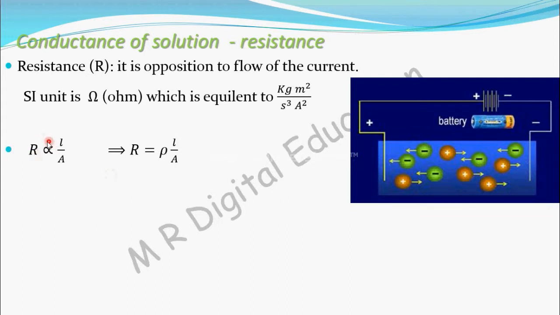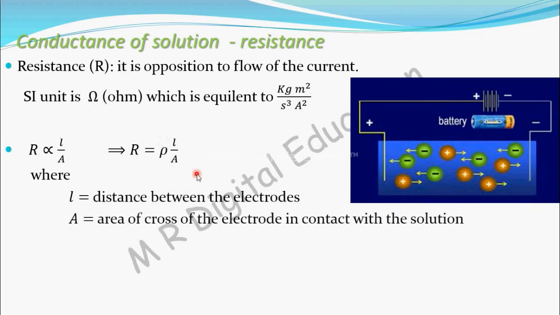If you remove this proportionality, you have to put some constant. That constant is this rho, that is resistivity. So in this equation, L is the distance between electrodes and A is the area of cross section of the electrode in contact with the solution.